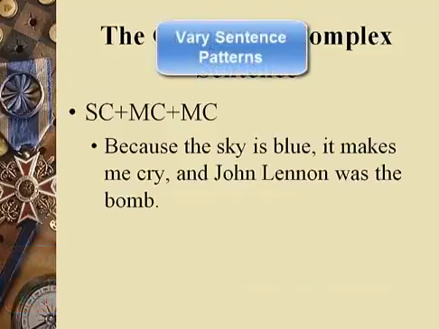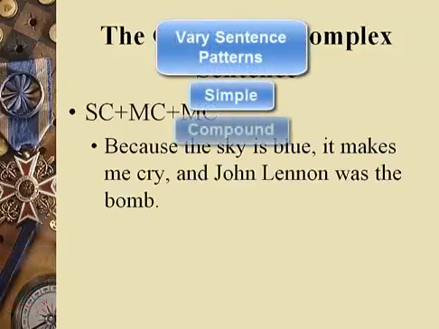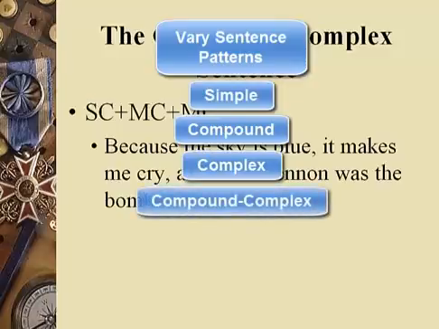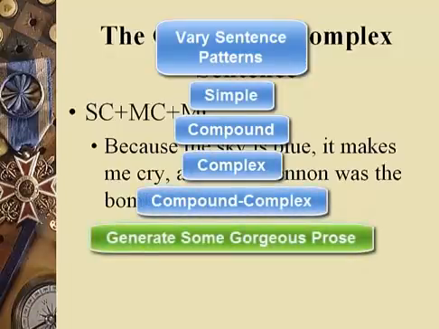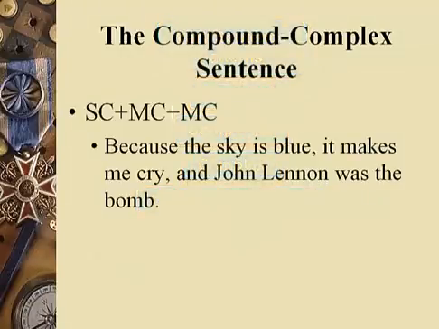However, if you vary the patterns between simple, compound, complex, and compound complex, and you pay attention to this process as you go, you can generate some really gorgeous prose and very creative prose. And it's exciting because oftentimes your reader doesn't necessarily understand exactly why your text sounds so good, but he or she intuitively knows that it is, if that makes any sense.